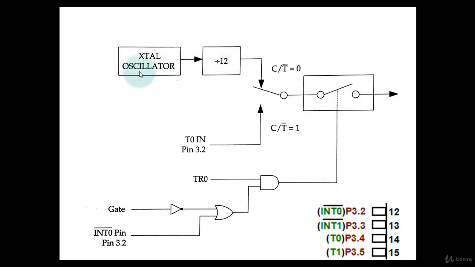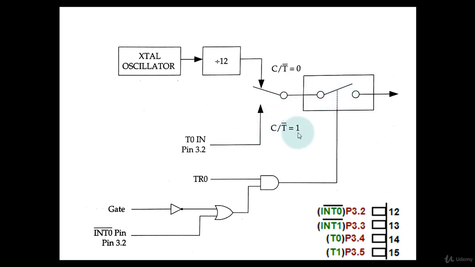XTAL oscillator divided by 12 is the frequency given to this hardware module. If this frequency is selected, that means the hardware module is acting as a timer. That means it is counting the internal clock pulses.